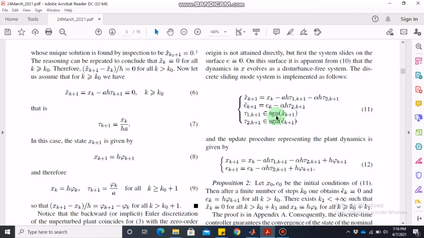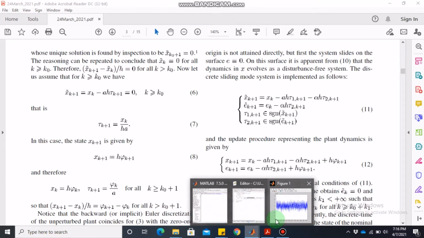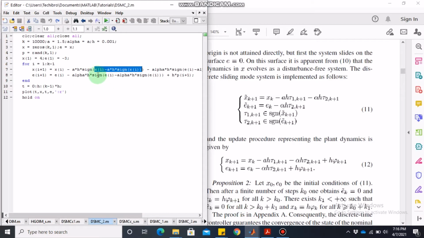So coming back to the code, this tau k plus 1 belongs to the sine of x tilde k plus 1, where x tilde k plus 1 is x of k. So it is sine of x of k minus all of this thing.